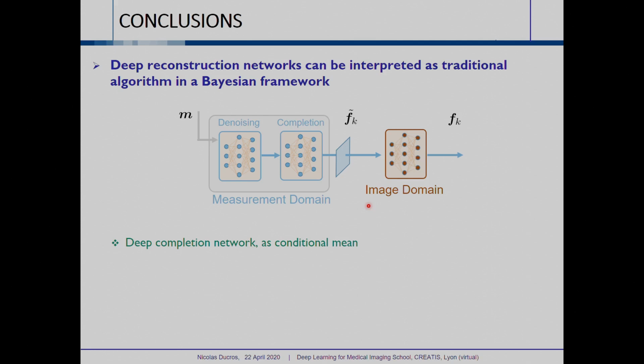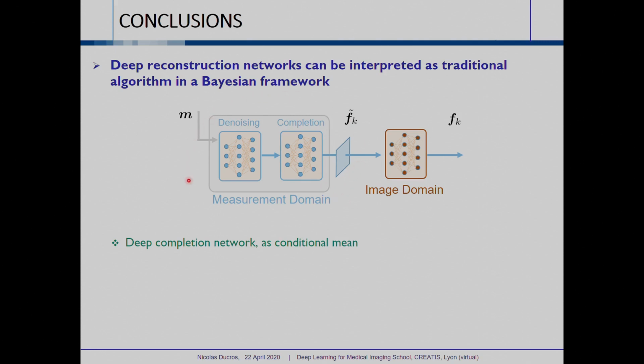In conclusion, we described several deep reconstruction networks that can be interpreted as traditional algorithms in a Bayesian setting. The first can be represented by this diagram. We have two different kinds of processing, one in the measurement domain, the other in the image domain. The measurement vector M is first denoised and completed. The missing measurements are completed, and then the resulting completed measurement vector is mapped onto the image domain.